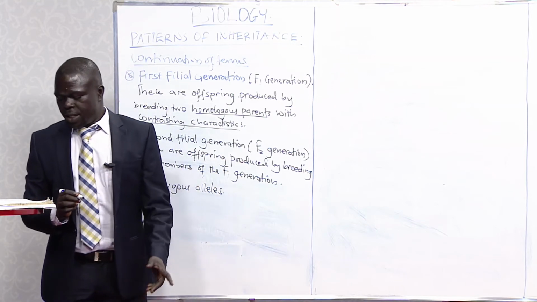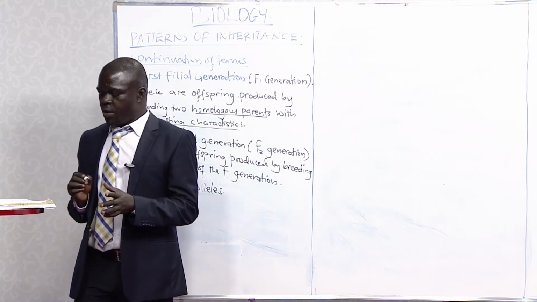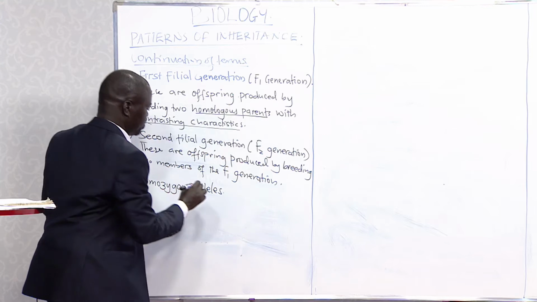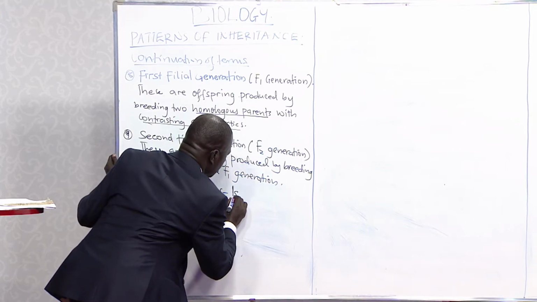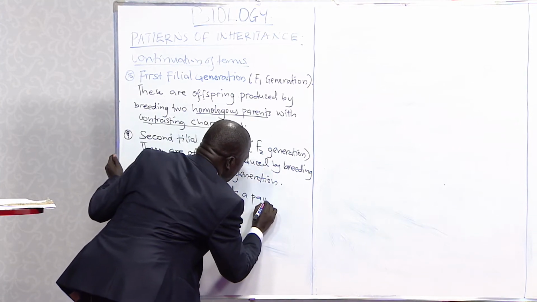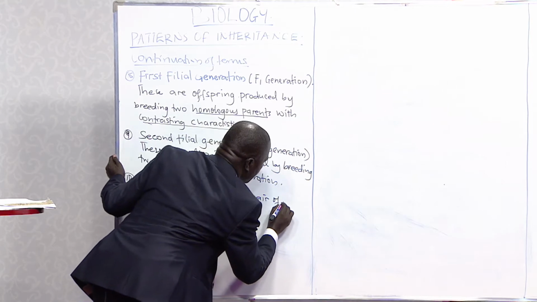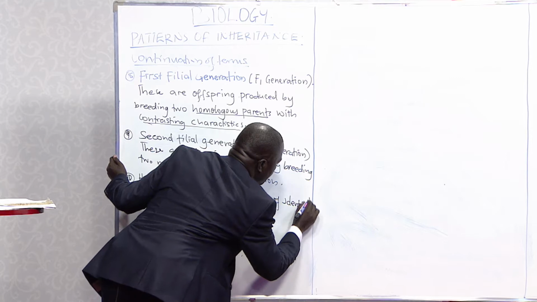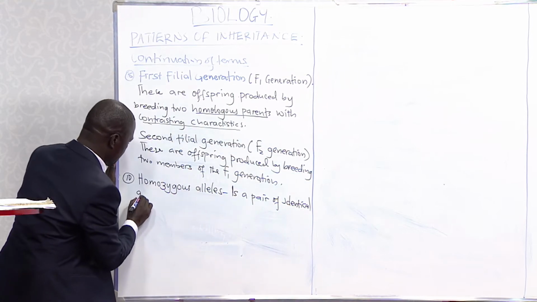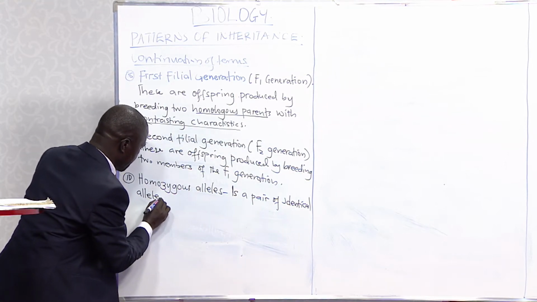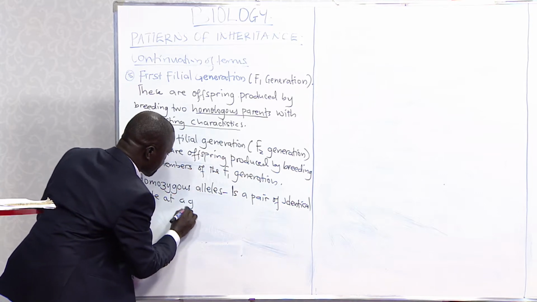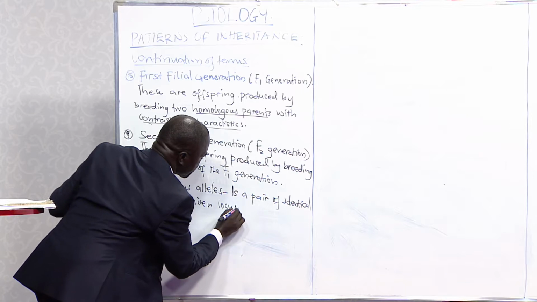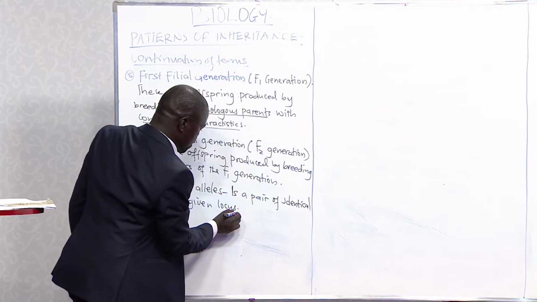This is a pair of identical alleles at a given locus.